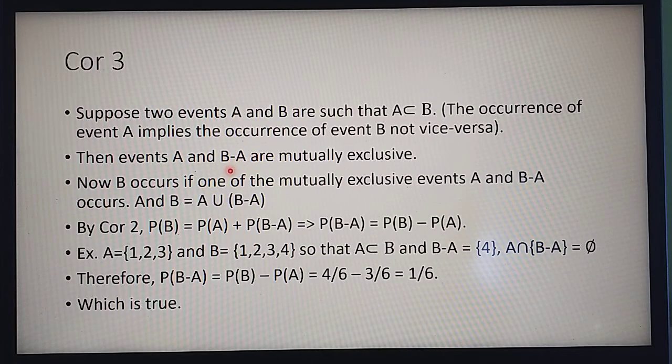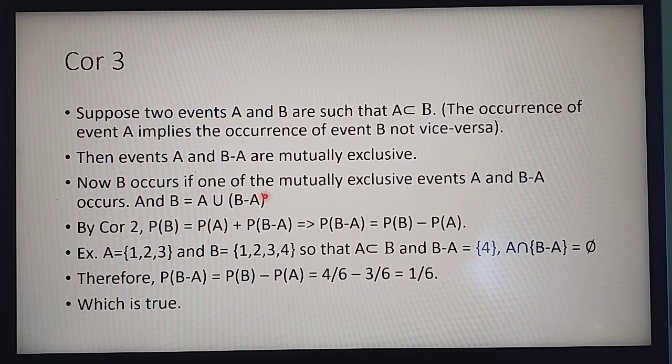In set notation, if A is a subset of B, then B minus A is those elements of B which are not in A. And A intersection (B minus A) is equal to phi, meaning the events A and B minus A are mutually exclusive. Now B occurs if one of the mutually exclusive events A and B minus A occurs. Therefore B is equal to A union (B minus A), that we have already discussed earlier.